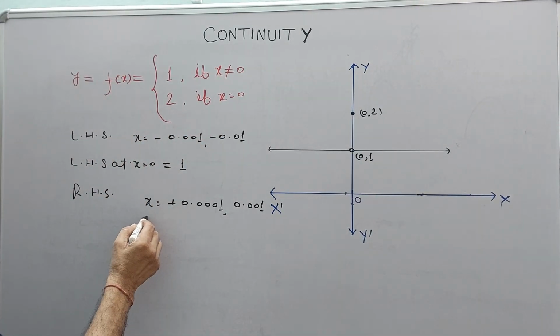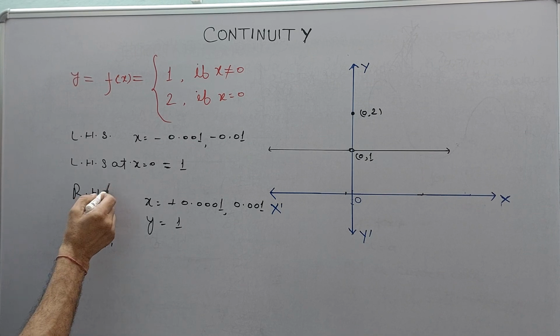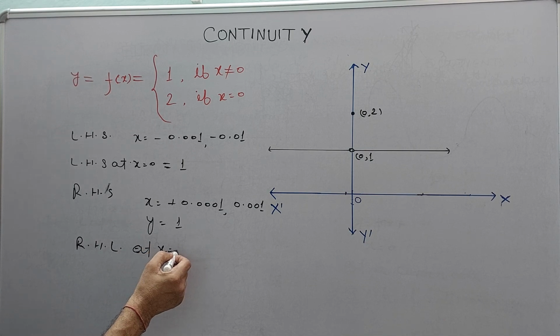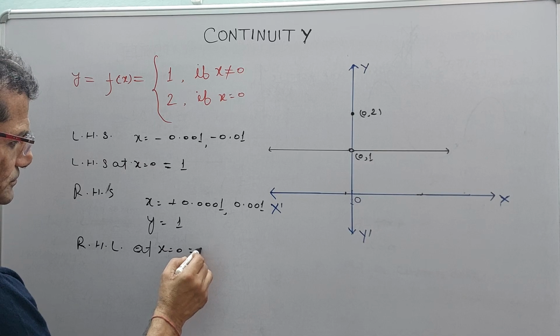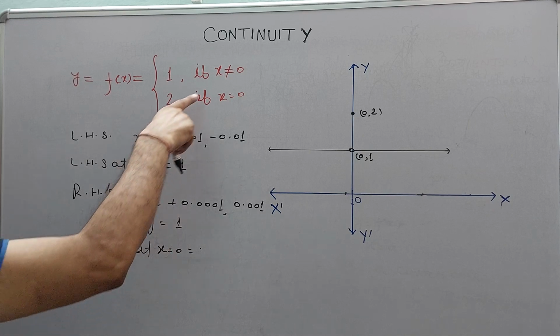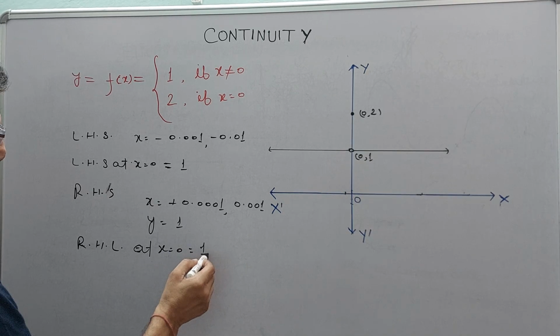So in the language of limits, the right-hand limit at x equal to 0 is again 1, because when x is not equal to 0, f(x) is equal to 1. So the right-hand limit also is 1.